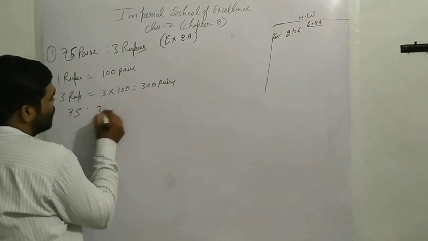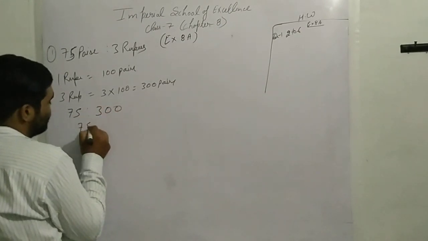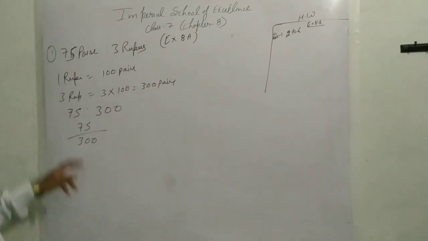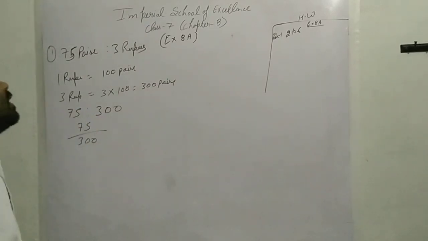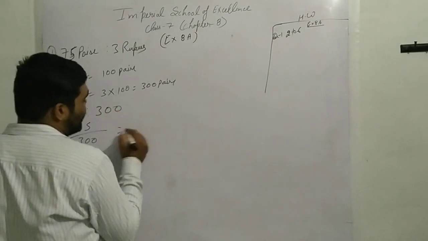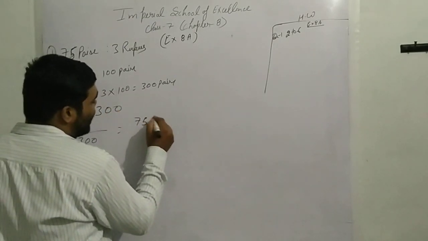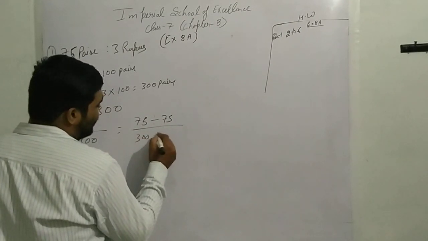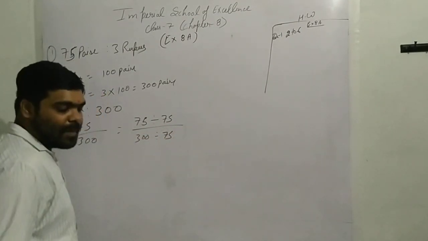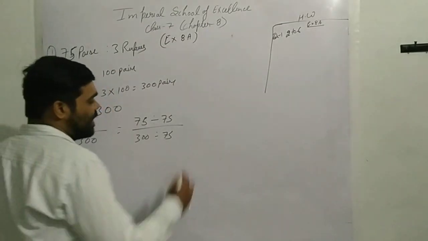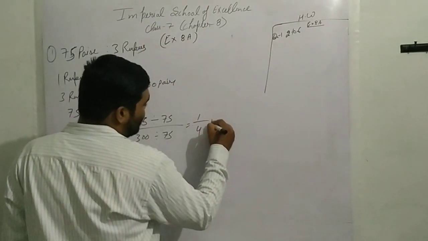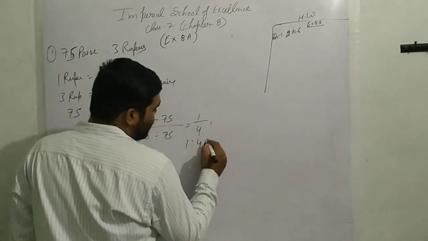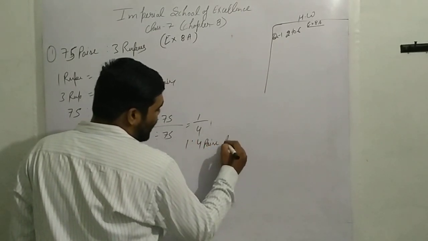75 ratio 300, 75 upon 300. When you are taking the HCF of 75 and 300, your HCF will be 75 only. 75 divided by 75 upon 300 divided by 75. जब आप इसको डिवाइड करेंगे, when you are dividing this, it will be 1 upon 4, means 1 ratio 4 paisa is your answer.